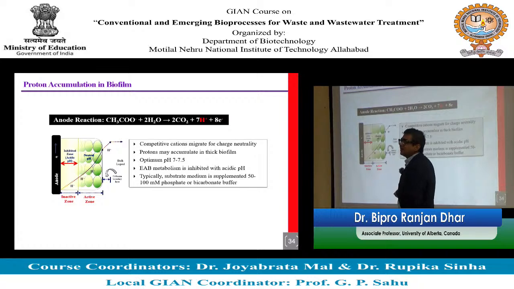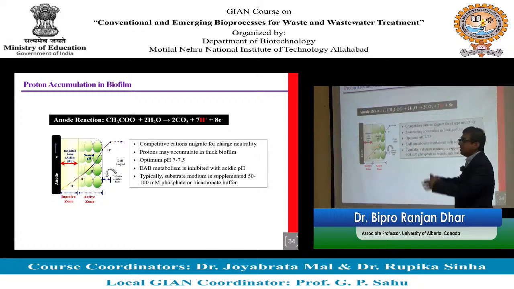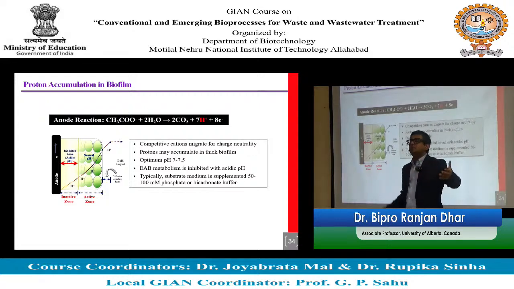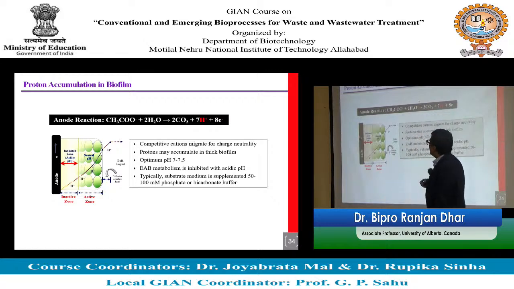For the outer layer, maybe protons can easily migrate from the biofilm, or diffuse out of the biofilm and go to the cathode. But some microbes that are doing this reaction and producing protons, maybe in the inner biofilm, those protons may accumulate, okay. Then the pH is going to drop and those microbes may be inhibited.